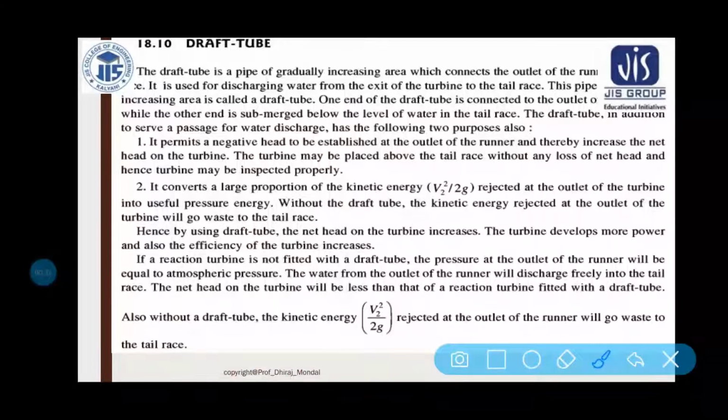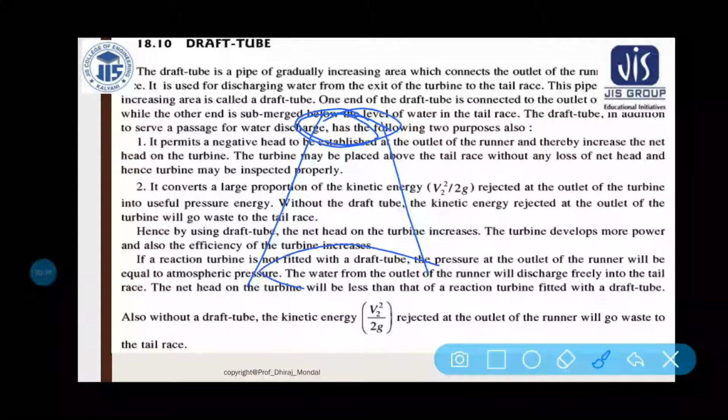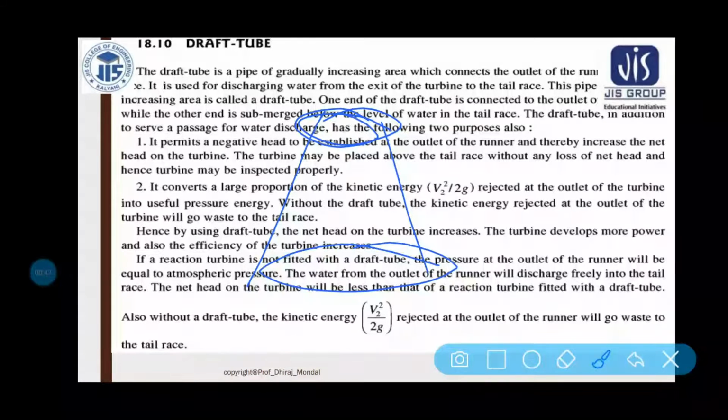What is a draft tube? It is basically a gradually increasing area pipe, which is connected at the outlet of the reaction turbine.